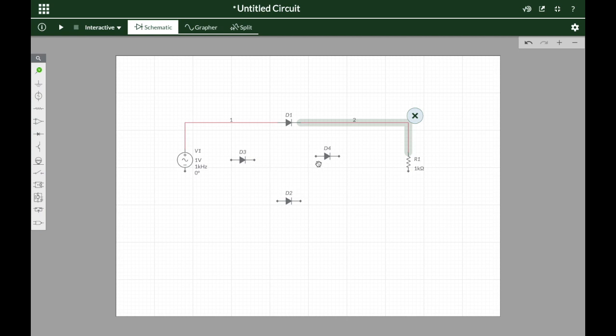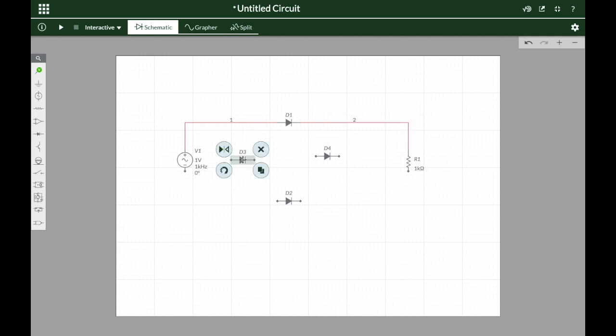Now we will turn D3 and D4 to make them appear in the way we want them in the bridge. The junction of AC source and D1 will go to one end of D3, and at that junction positive of D1 is connected, so we should have negative of D3 coming here.